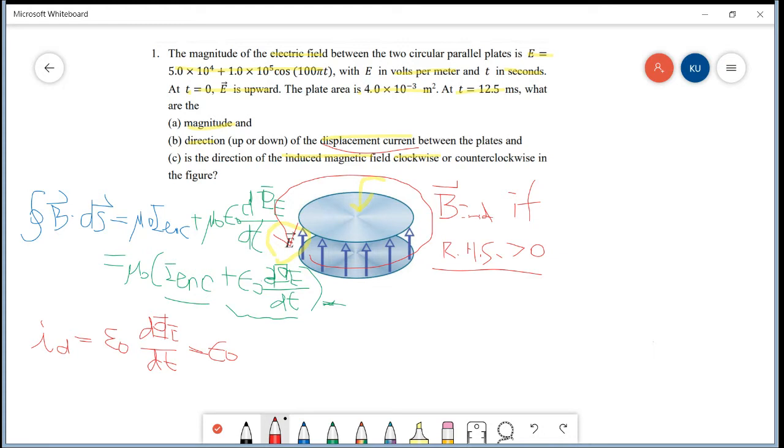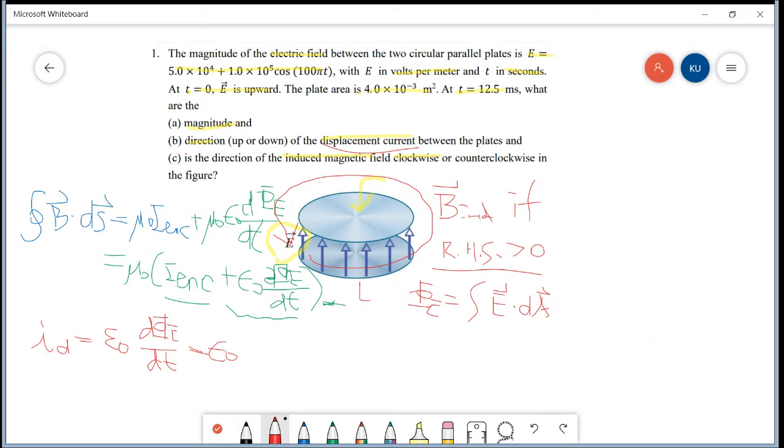In this example, phi e is E dot dA, and this is a parallel plate capacitor, so A is a plate parallel to the capacitor.